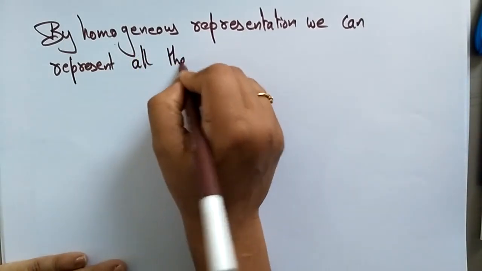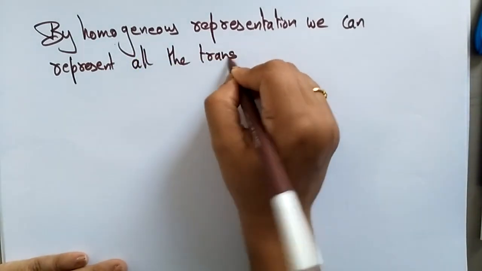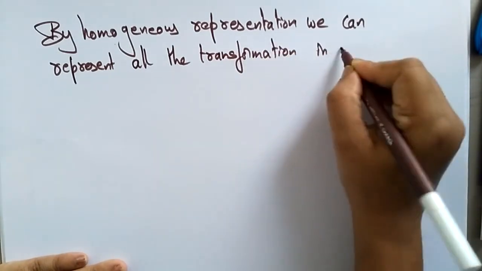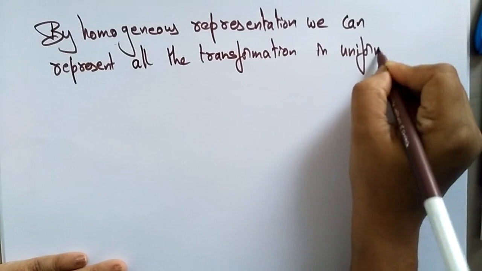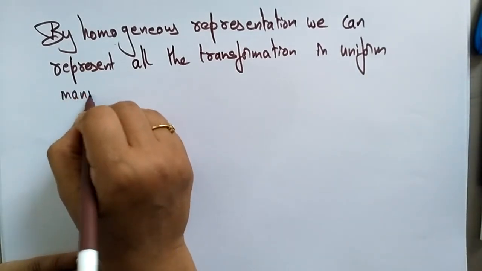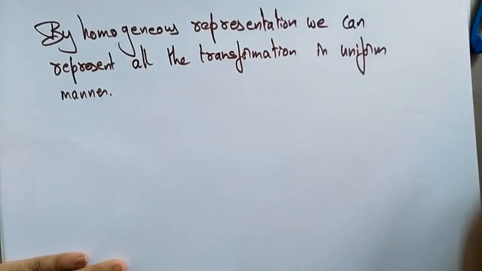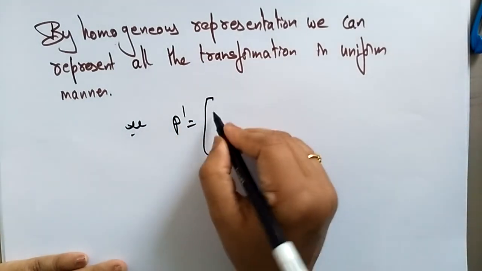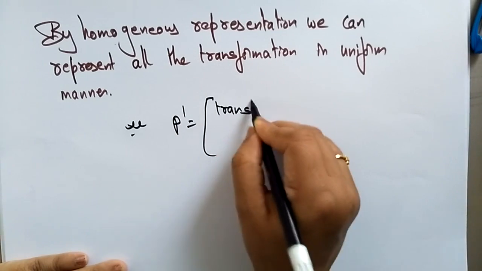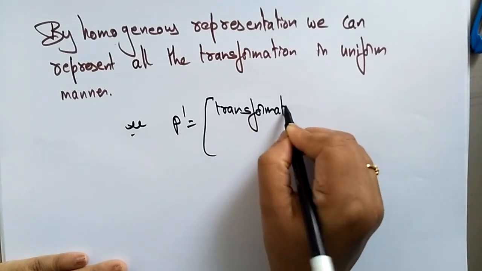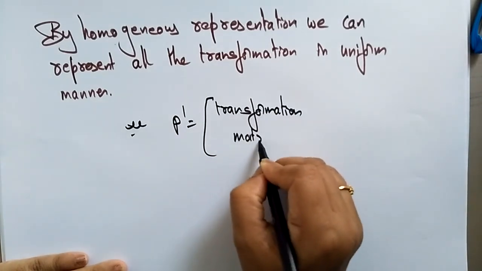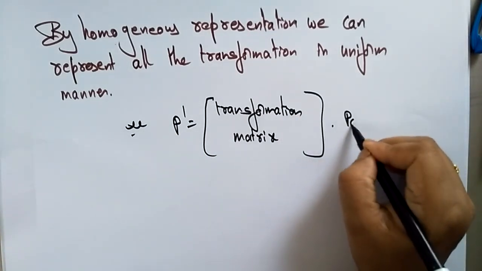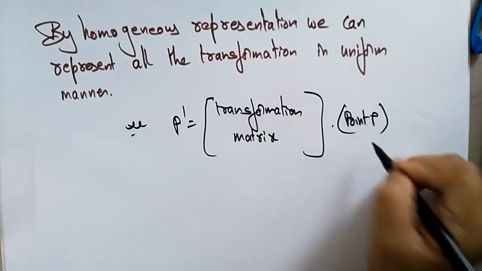Translations, scaling, rotation, reflection, everything can be represented as P dash is equal to the transformation matrix into the point P, that is the initial point.